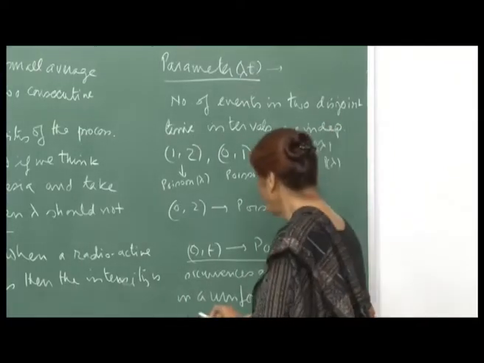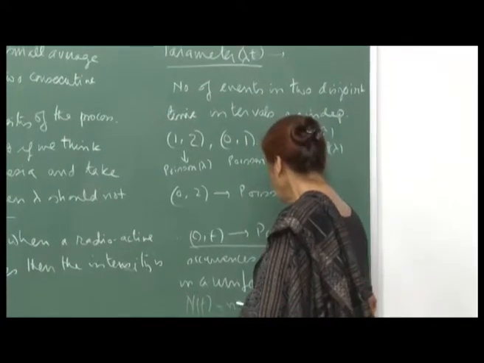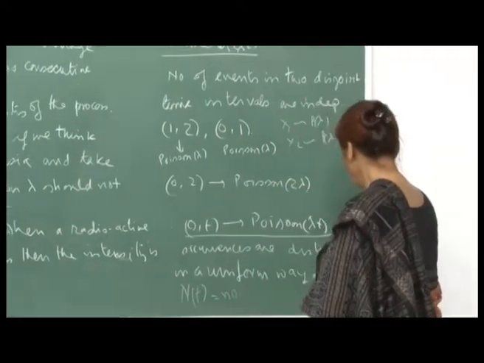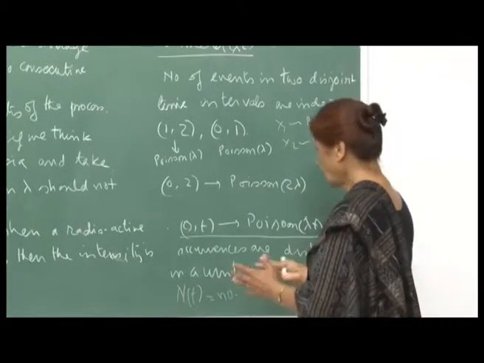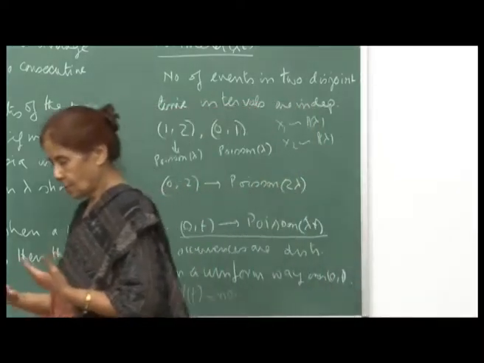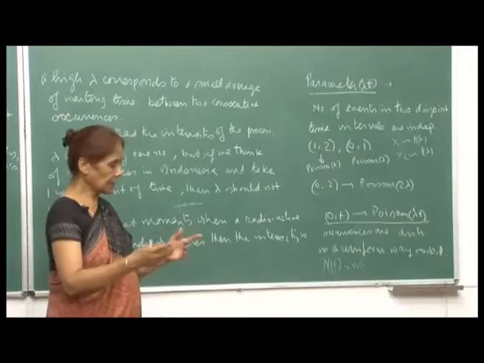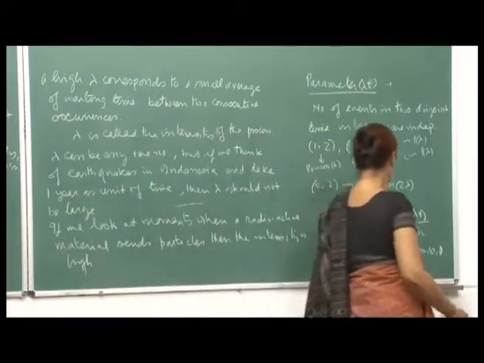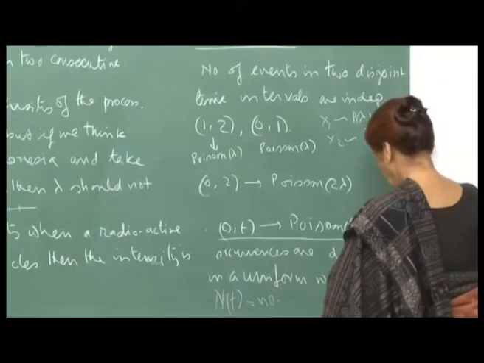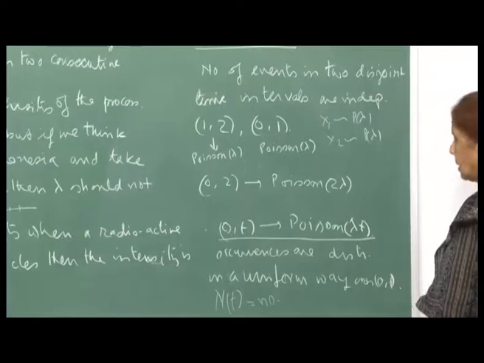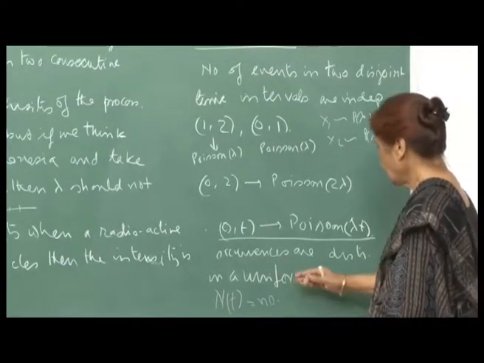When I am counting N t, the number of arrivals in the span of time 0 to t, the way the process is being modeled is that in this time period the arrivals can occur anywhere. So the best way to model that is that the arrivals are uniform in the interval 0 to t. Through an example, I will try to make you understand this concept a little better.